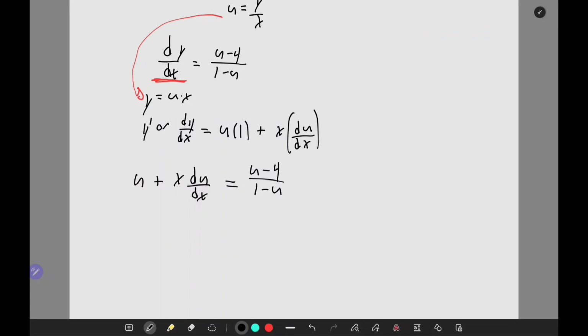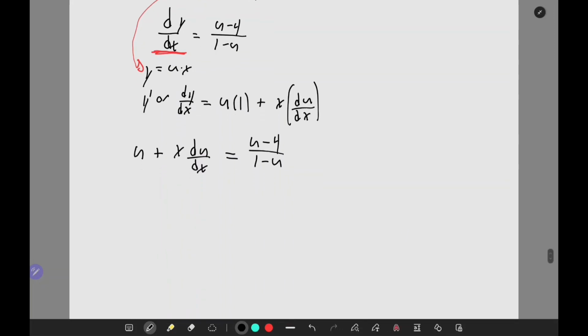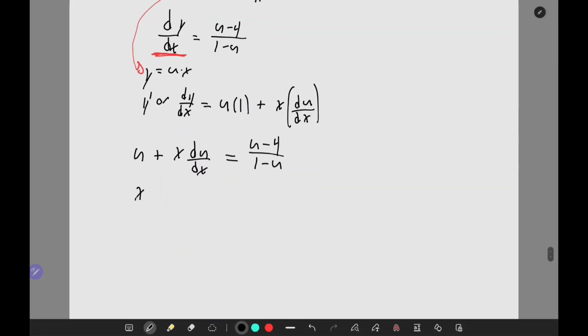Now we have a separable equation basically, but we just have to simplify it. So we can subtract the u over, so we have x du/dx is equal to (u minus 4) over (1 minus u), minus u.